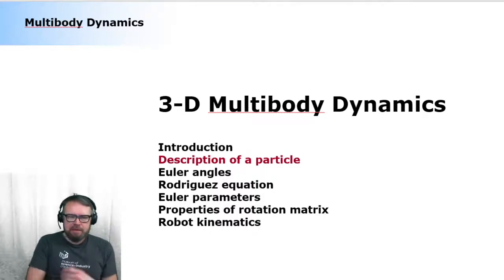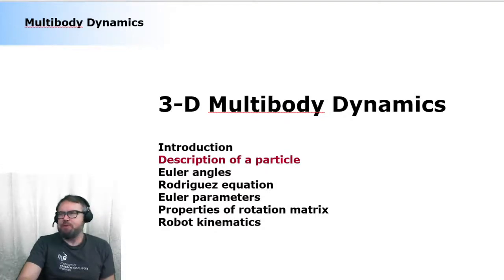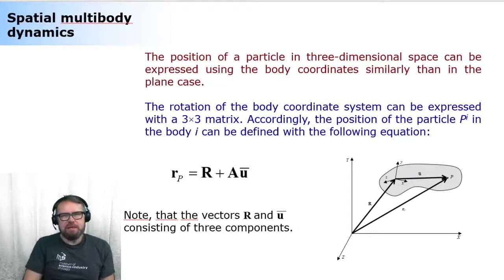Now moving on. So, description of a particle. And this is again something that for sure you know really well. The description of a particle goes such that we introduce an additional coordinate system, which is called the body coordinate system, to be able to describe the particle position with respect to the global coordinate system.